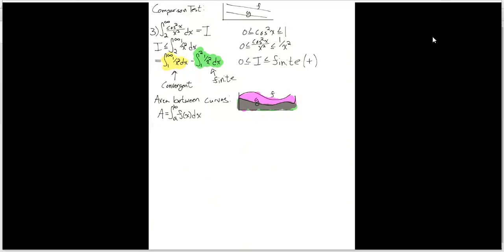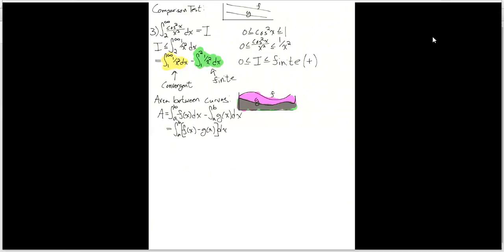So what I'll do is I'll just subtract the area of G, just the green stuff, right? And then notice that they have the same bounds, right? So we'll have the integral of f of x minus g of x dx. Right? And then this is what we use to calculate the area in between curves.